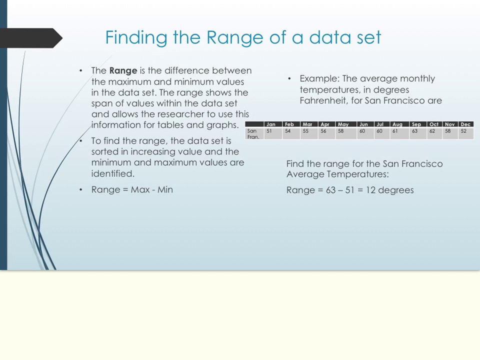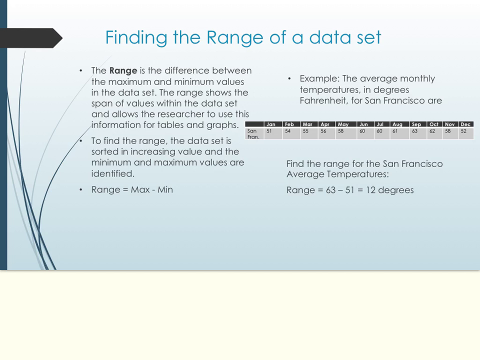So our first objective is to find the range of a data set. The range is the difference between the maximum and the minimum values in the data set. The range shows the span of values within the data set and allows the researcher to use this information for tables and graphs, like we've done in the past with our histogram.